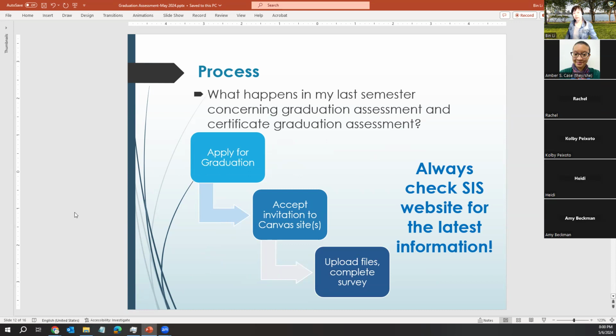You can apply for degree graduation already. Apply, and then wait until sometime in June for the invitation to access the campus site. I'm sorry, it was never graded, but yes, you can use it.